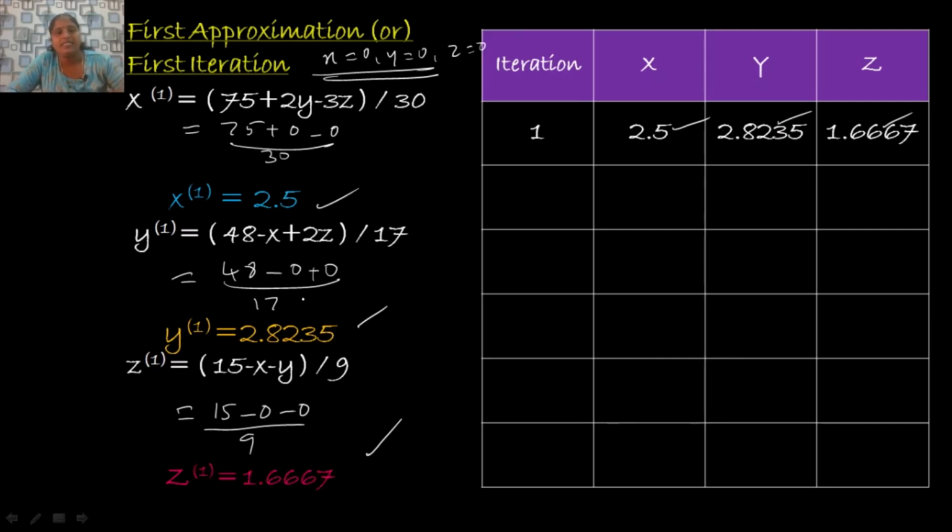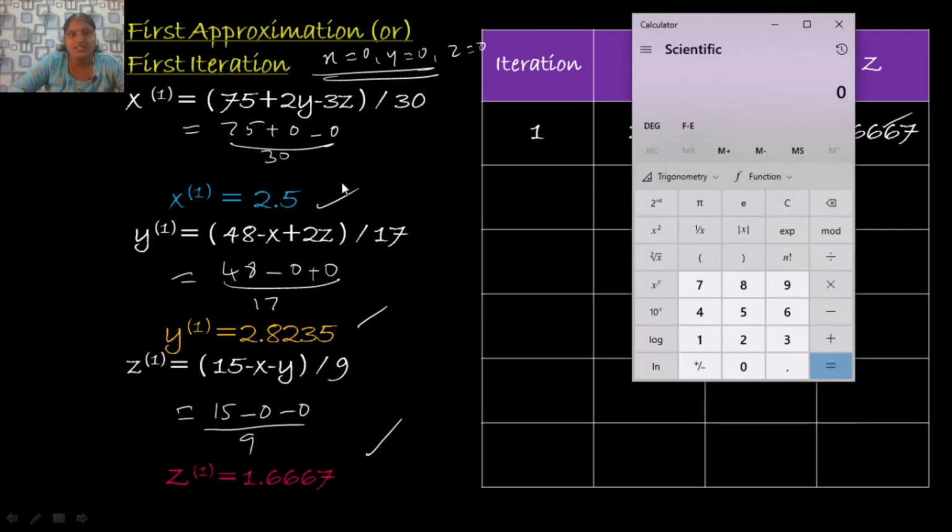Next I will show you how I am going to do this calculation using the calculator. Let me start with the first value, 75 divided by 30, so you get 2.5. Next for the y value, 48 divided by 17, so you get 2.8235, etc. Here we have to take up to 4 decimal places, so 2.8235.